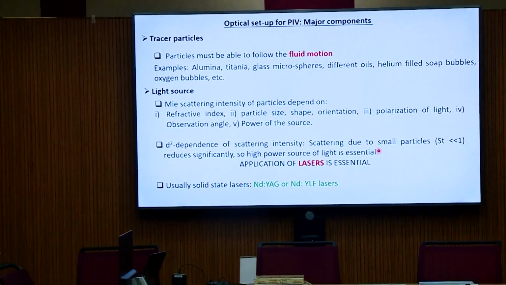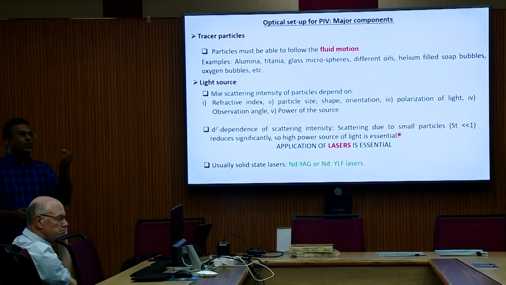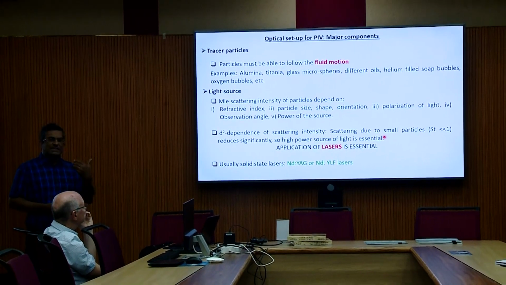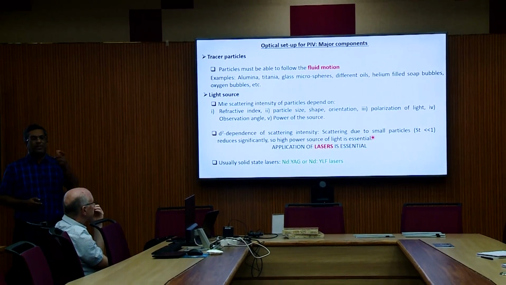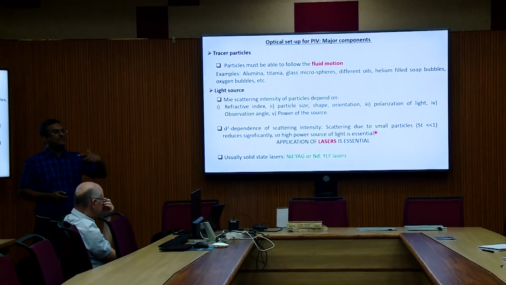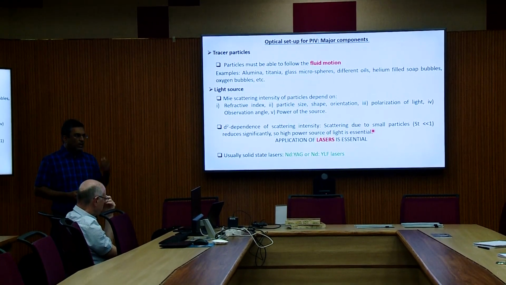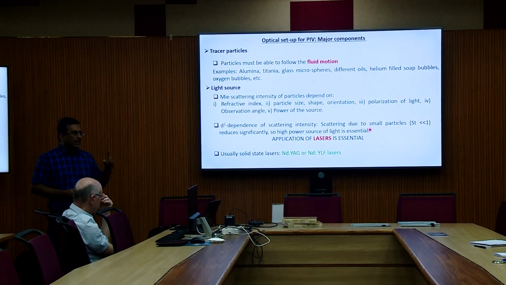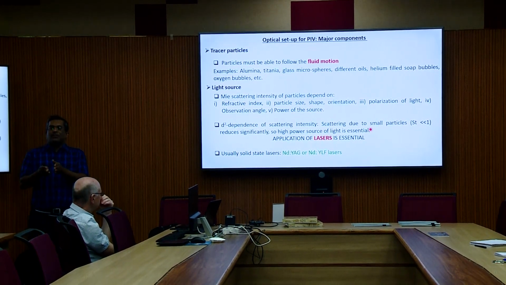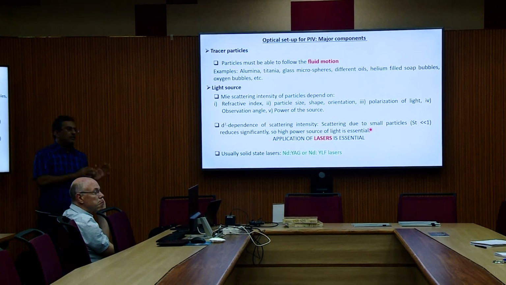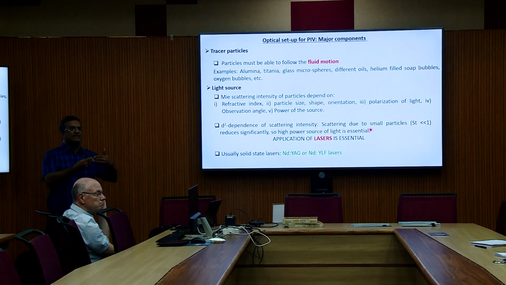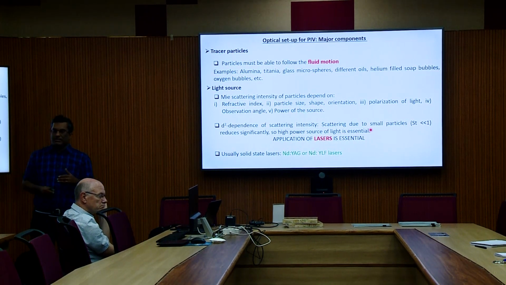So basically we calculate the Stokes number, which is basically the ratio of the particle relaxation time to some time scale of turbulence. So you calculate the Stokes number, and if the Stokes number is much below, let's say 0.1, this means that you can consider that as tracer particles.